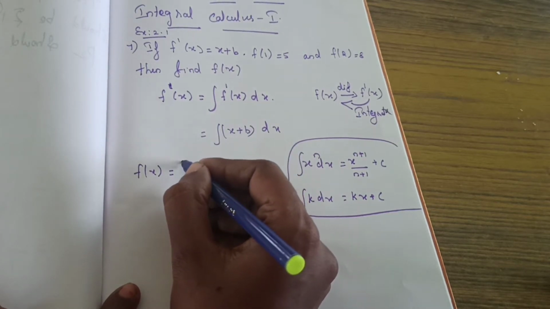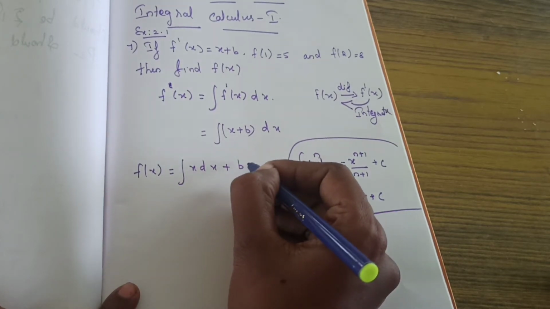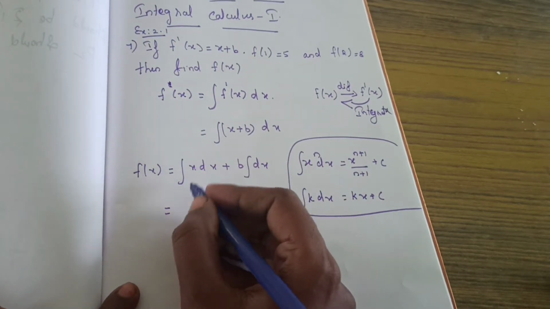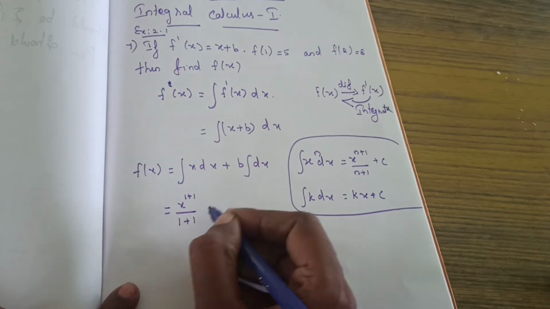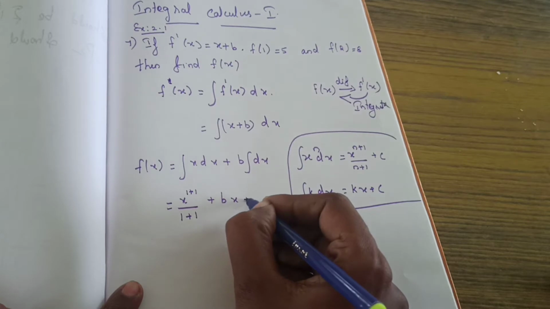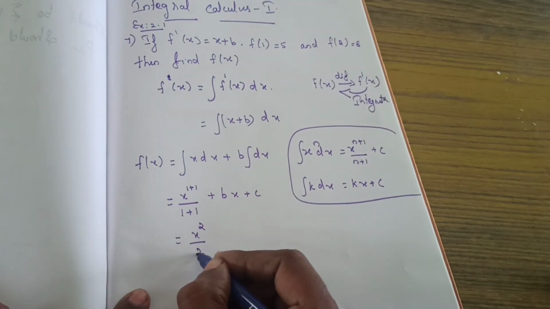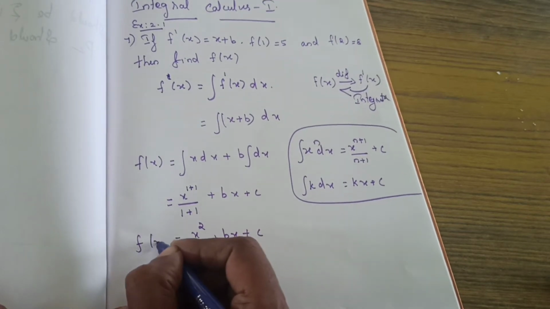Otherwise you can separate it and write integral x dx plus b, which is a constant, so b into integral of dx. That's x power 1, so 1 plus 1 divided by 1 plus 1, plus b into, the integral of dx is x, plus c. That's equal to x square by 2 plus bx plus c. This is the value of f of x.